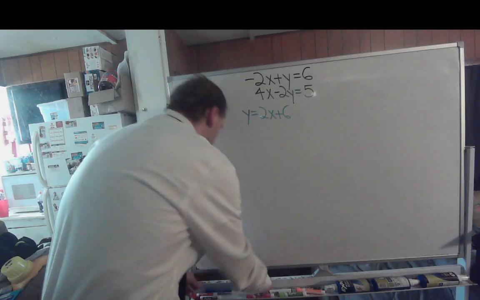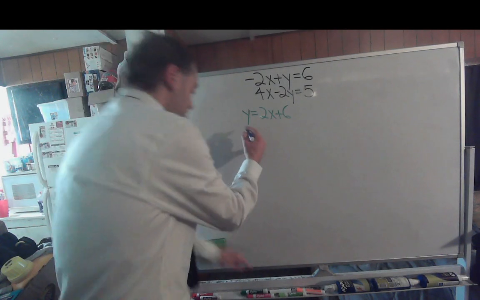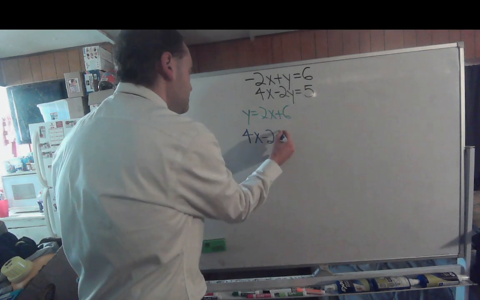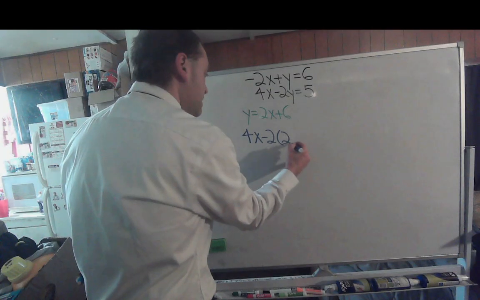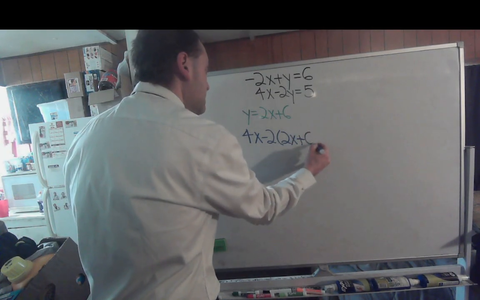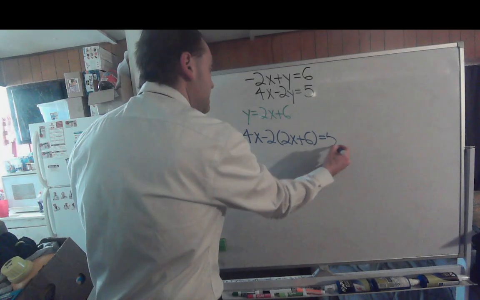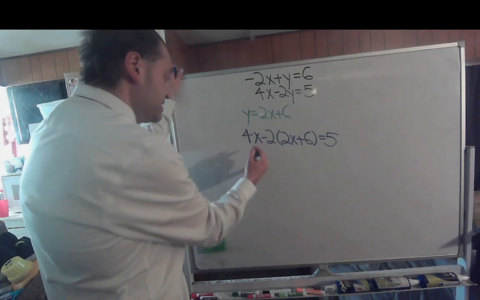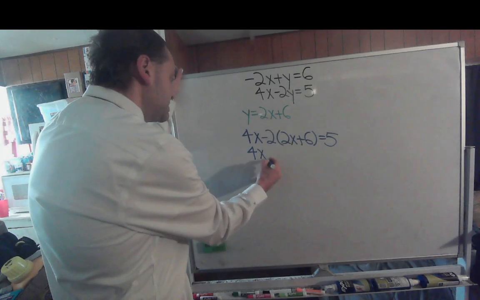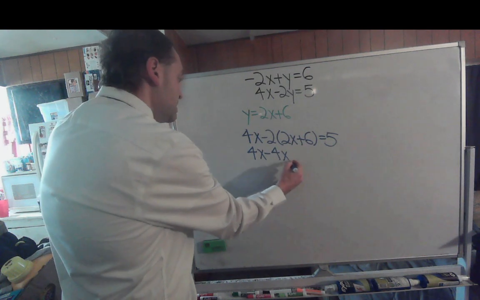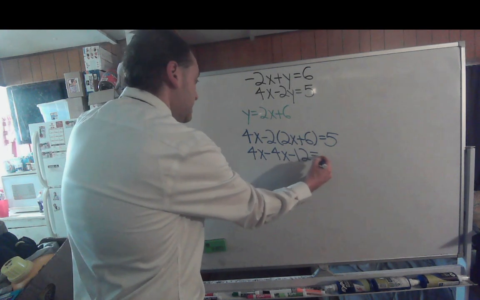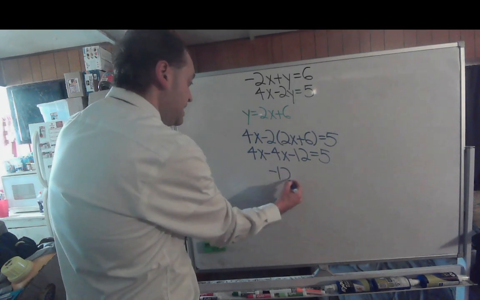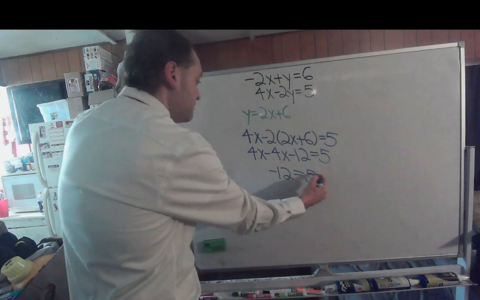So that's going to look a lot like 4x minus 2 times that y value of 2x plus 6 equals 5. Alright, so let's go ahead and do this here. You would end up getting 4x minus 4x minus 12 equal to 5. Well, if you simplify this, all you're going to have is that negative 12 equals 5.